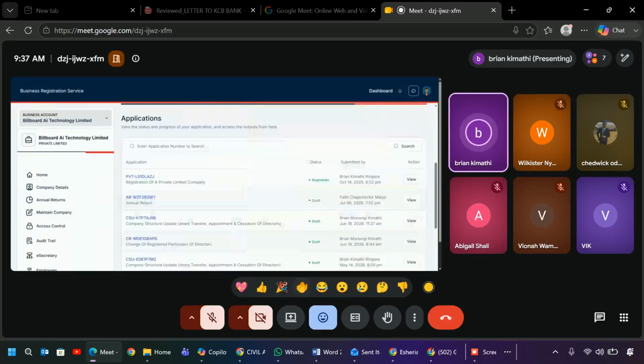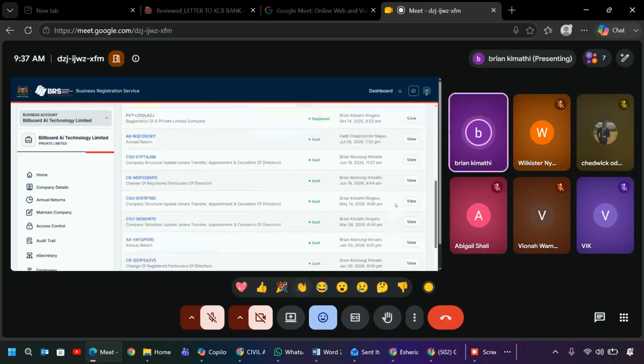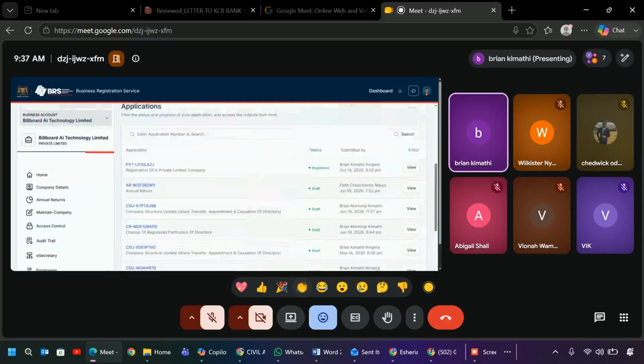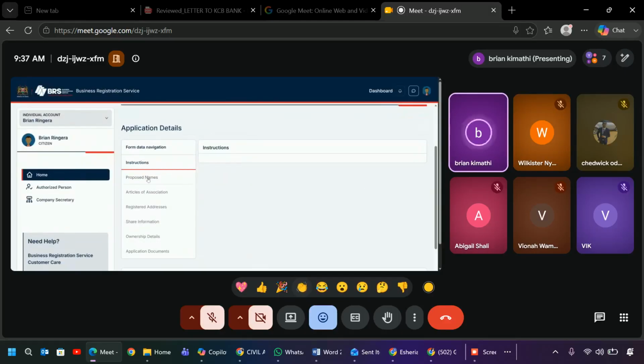We have one that is registered here. The first thing you usually give is proposed names, 3 proposed names. So we shall go back to make a fresh application and then we see.